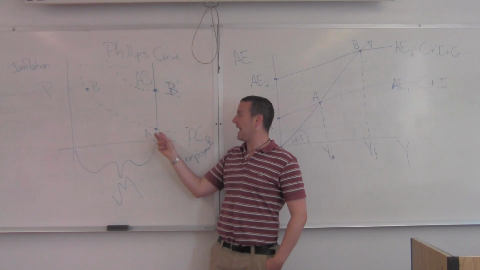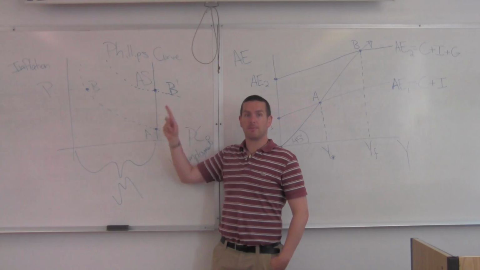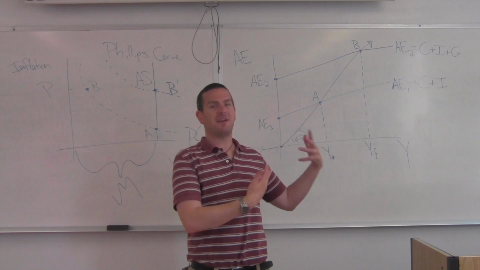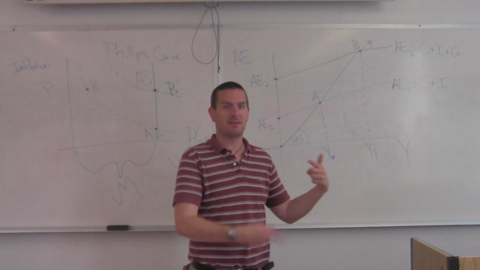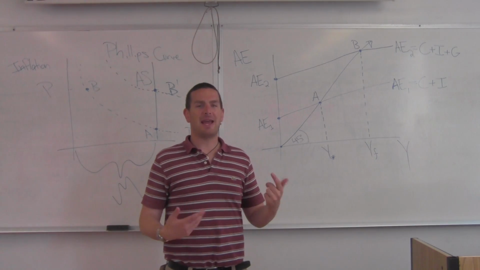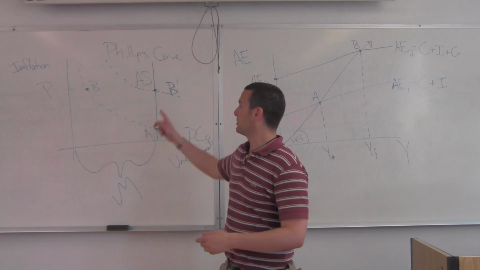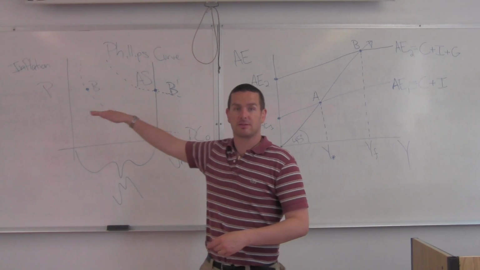It's better to be at A than at B prime, okay? So therefore, while the government could fix things if they'd spend, that's going to end up ultimately hurting everyone because we're just going to have higher prices, okay?